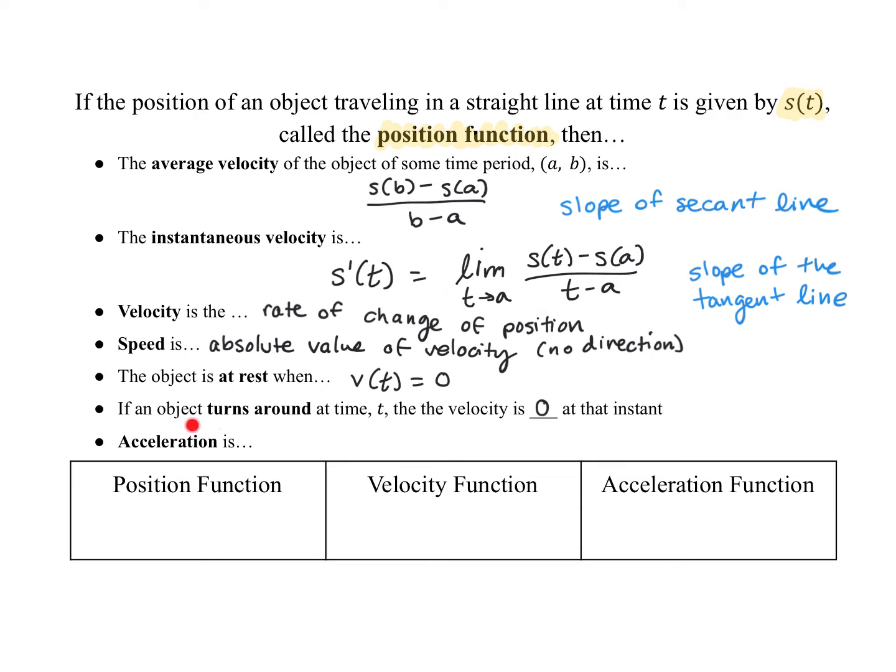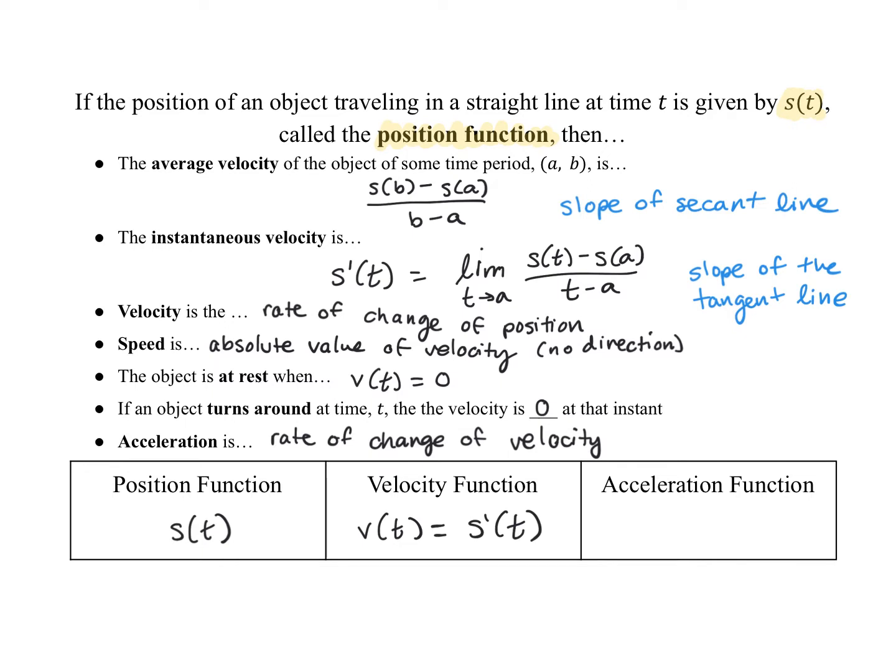So then that brings us to acceleration, which is the rate of change of our velocity. And since it's the rate of change of the velocity, well, rate of change implies the derivative. So it's the derivative of our velocity function. So just to tie these all together, we call our position function s of t, which means our velocity function, which we'll call v of t, since it's the rate of change of position, is s prime of t.